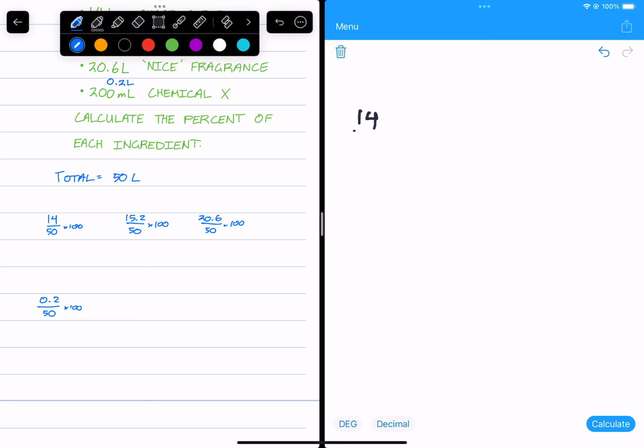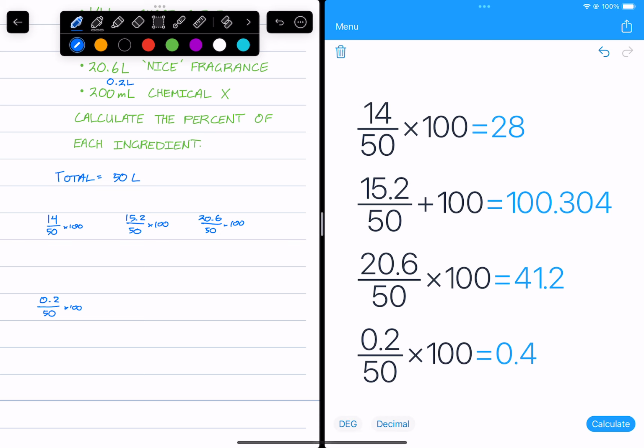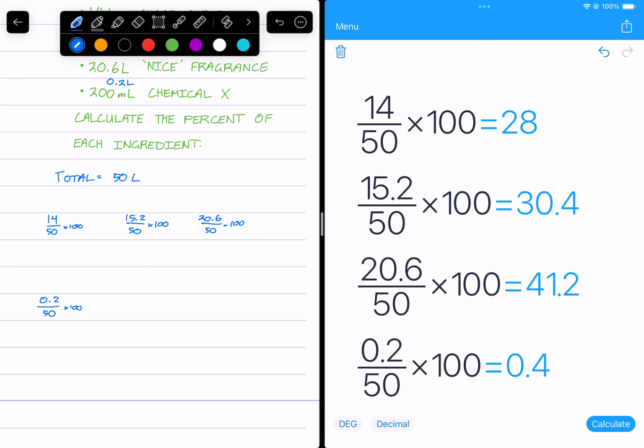So 14 over 50, 15.2 over 50, 20.6 over 50, and 0.2 over 50 times 100. And each of these give us our percentage.